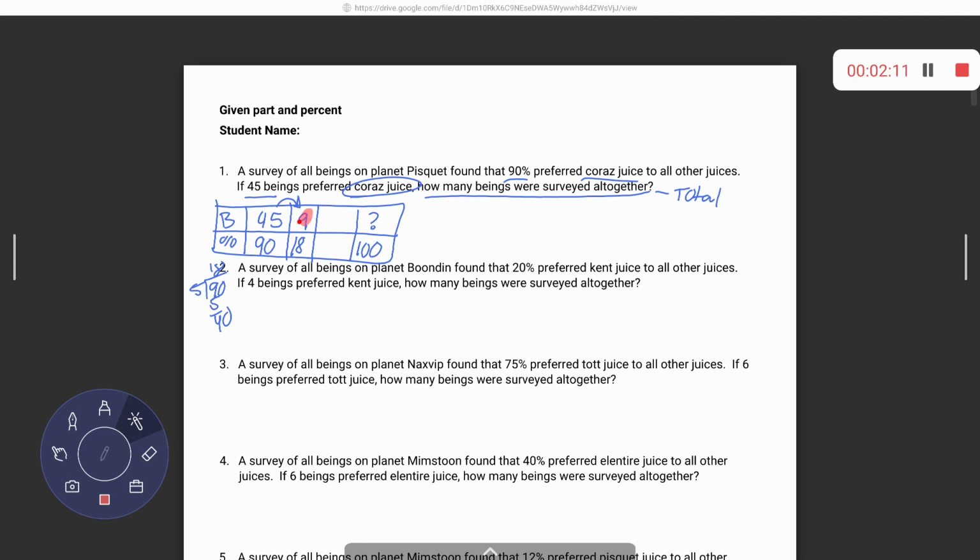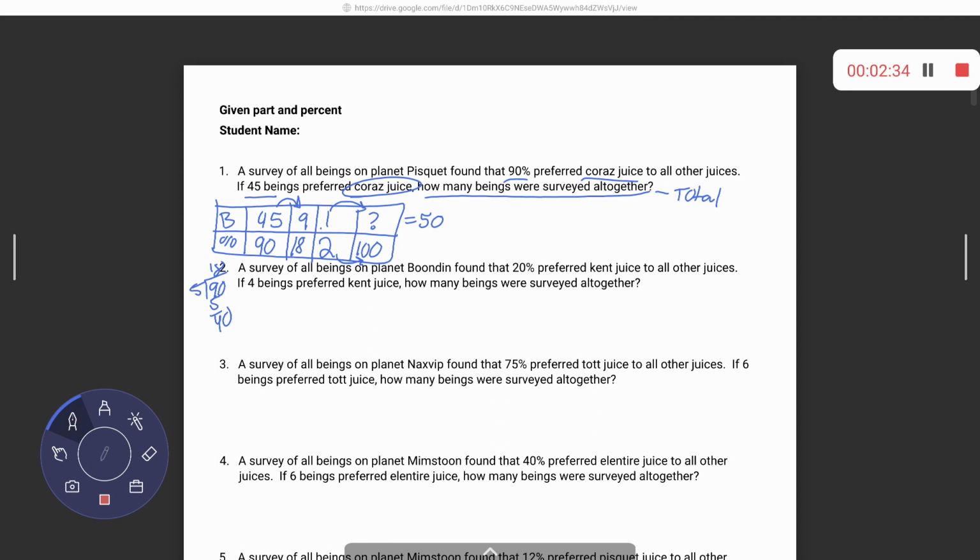If the numerator is half of the denominator, that means it can be reduced down to 1/2. So now, basically, all you have to do is get a 2 to 100. The way you get a 2 to 100 is you multiply by 50. So 1 times 50 is 50. So it means 50 beings were surveyed in total.